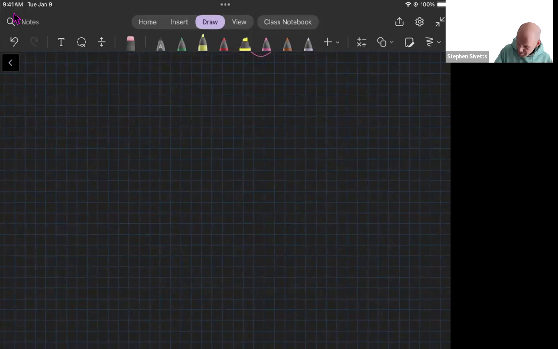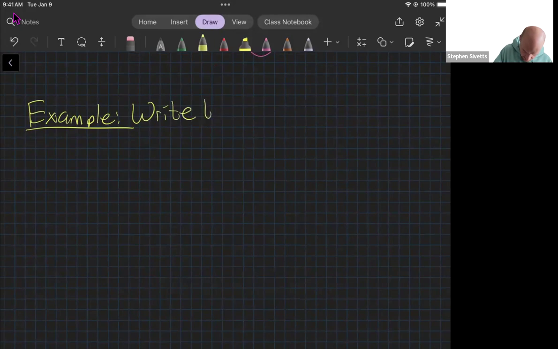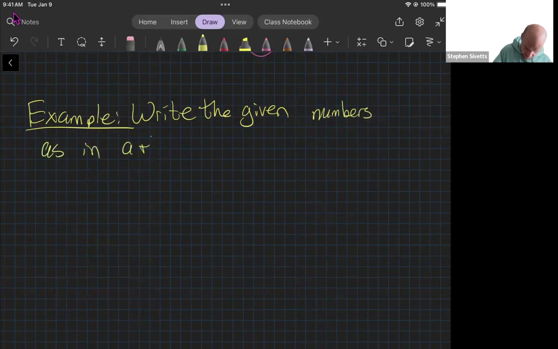And here's some other examples for you to work with, as in a plus bi form.